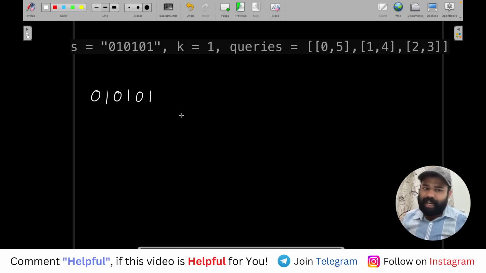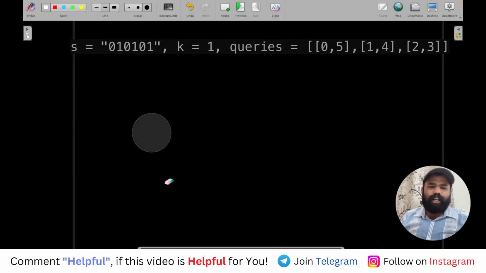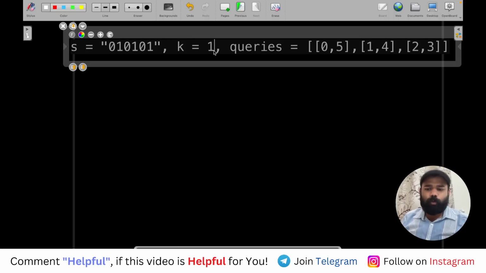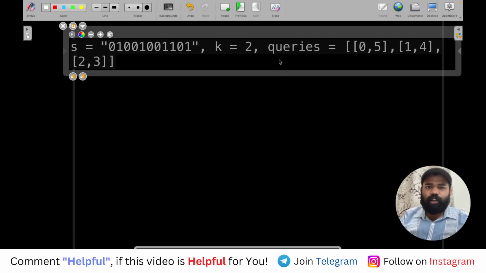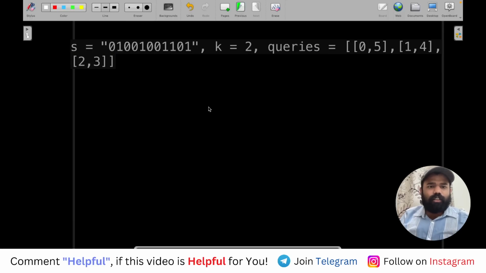For example, you will see that in this particular case, this is an array which is K constant. Actually, I want to take a different case here. Let's do one thing. Let's make this K to 2, and let's have a greater value of this. Okay. So this is the string that I've taken. Let's copy it.